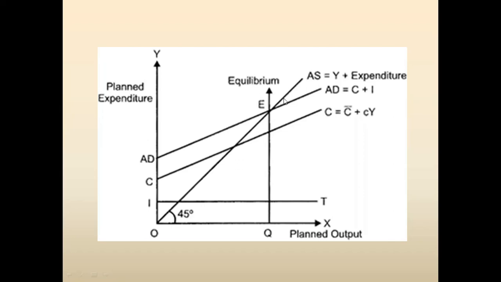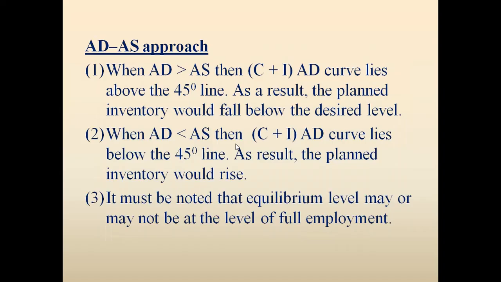And in both the cases, the economy will achieve the equilibrium point, because when your AD is more than aggregate supply, you can achieve equilibrium. But again, when your AD is less than aggregate supply, still you are able to achieve the equilibrium.